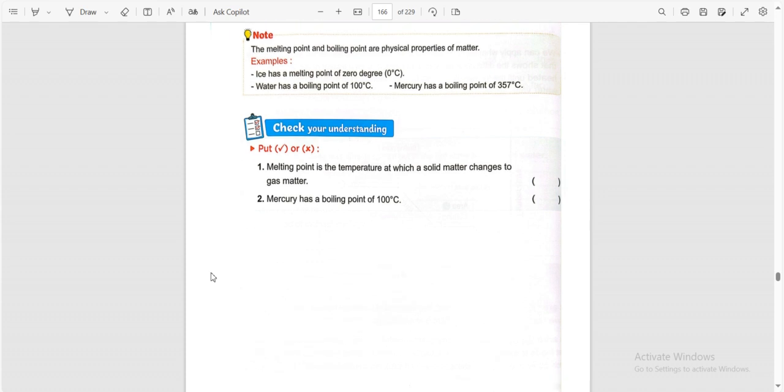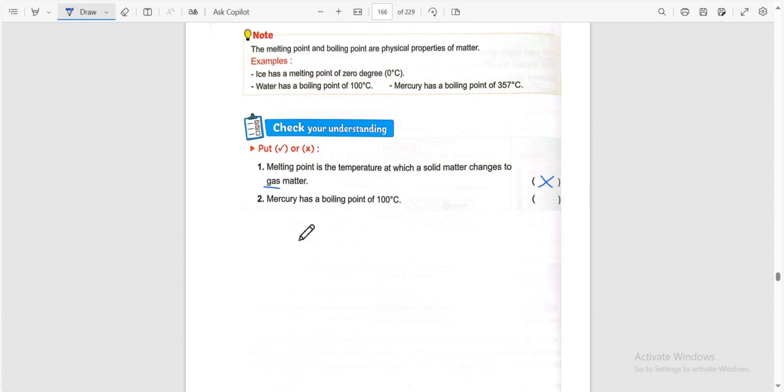Okay, let's try answer these questions. So first, the melting point is the temperature at which a solid matter changes to gas. Is that true or false? That's definitely false. Why? Because melting point is the temperature at which solid changes to liquid, not gas.